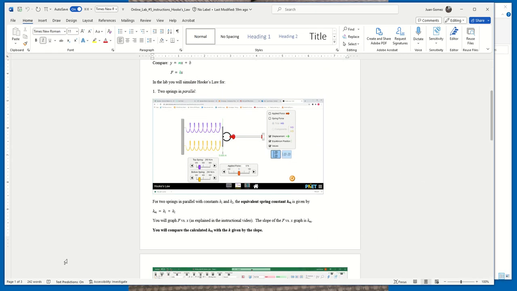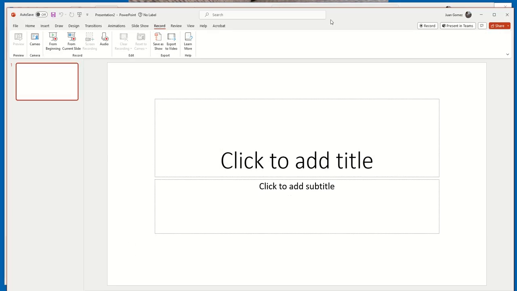Well, for two springs connected in parallel, assuming the purple spring has a spring constant we'll call K1, the yellow spring has a K value we'll call K2. Well, the equivalent spring constant is if you were to somehow combine those two springs into one spring.